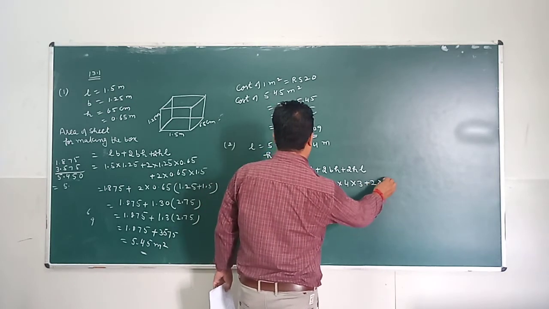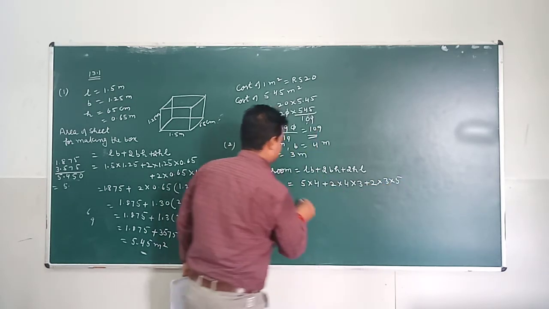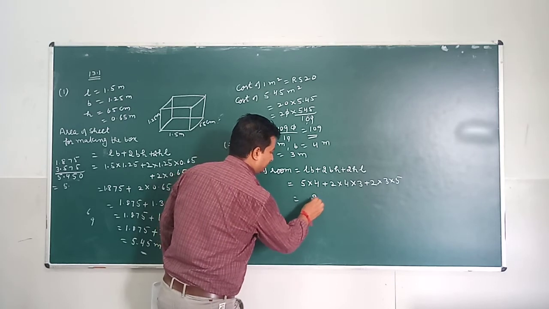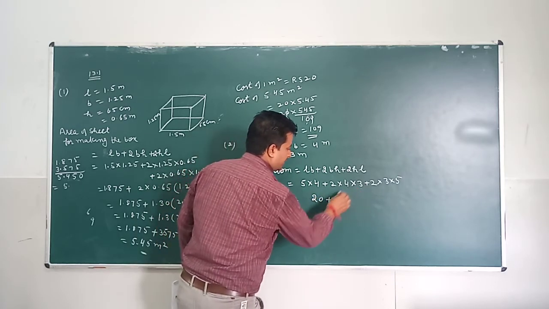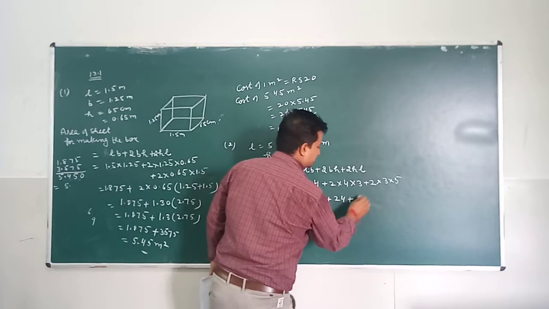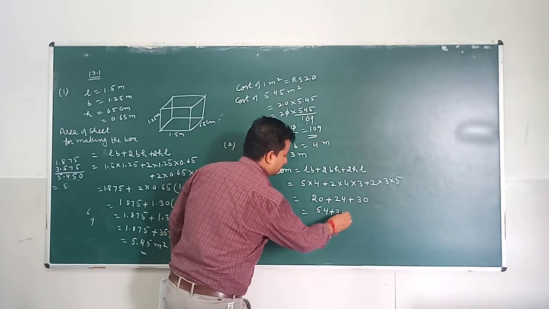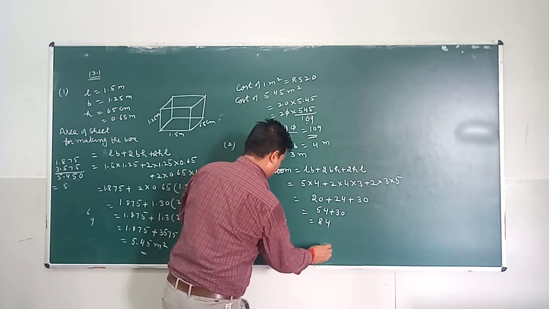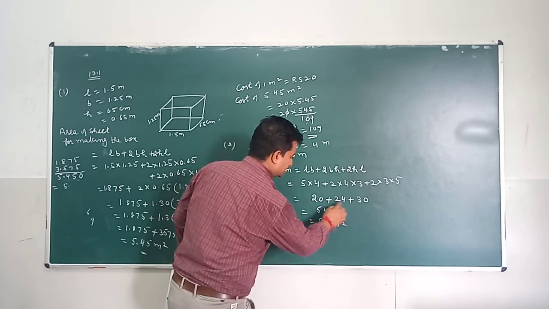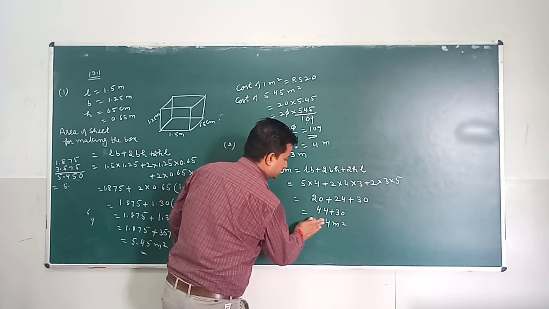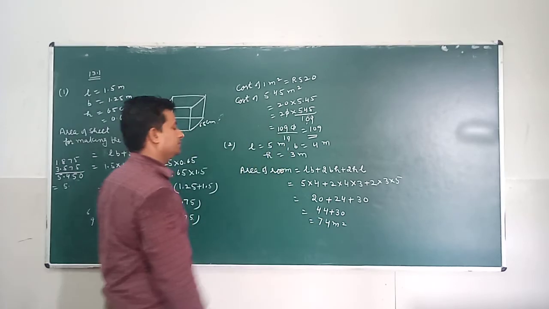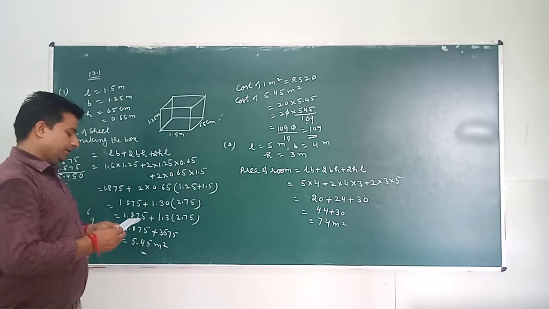So this is 20, 24 and 30. So 54 plus 30 is 84, minus 10 gives 74 meter square, the total area.